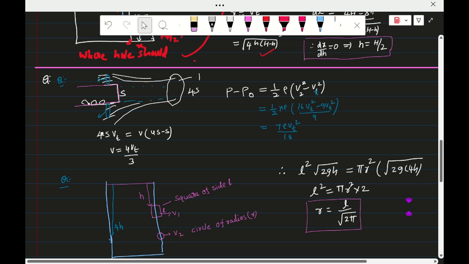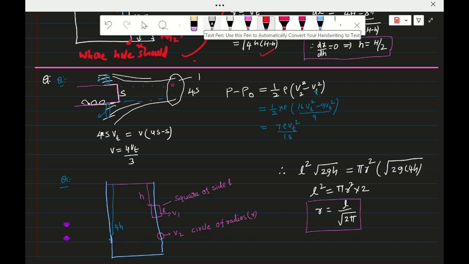So here the train of cross-sectional area S is moving through another tunnel of cross-sectional area 4S, and the constant pressure is maintained by the train, that is P naught.